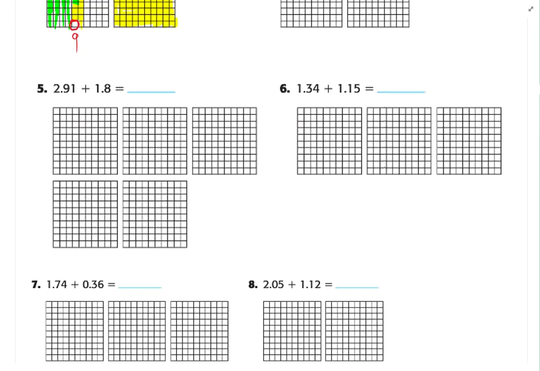And let's look at just one more here. This one is a little bit bigger, but that's what we're after, is to make our practice a little bit more challenging than the actual work. So 2.91 means I'm going to shade in 2 whole ones here. So I have 2 whole ones.